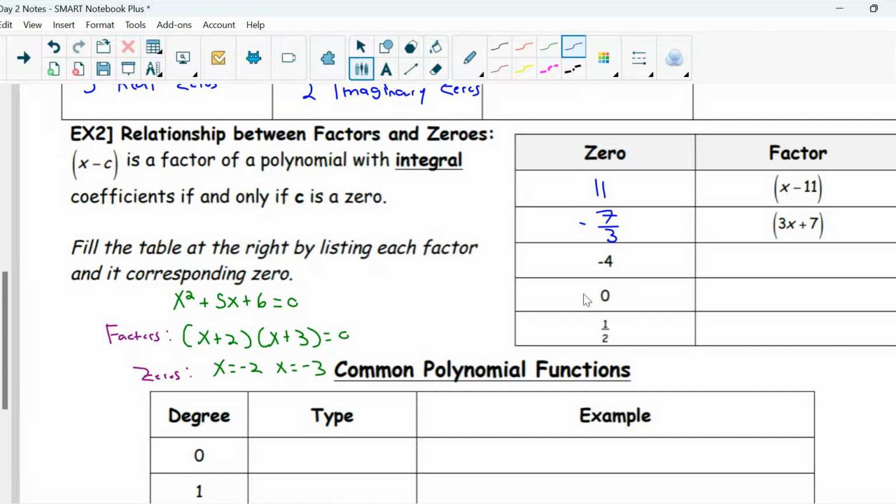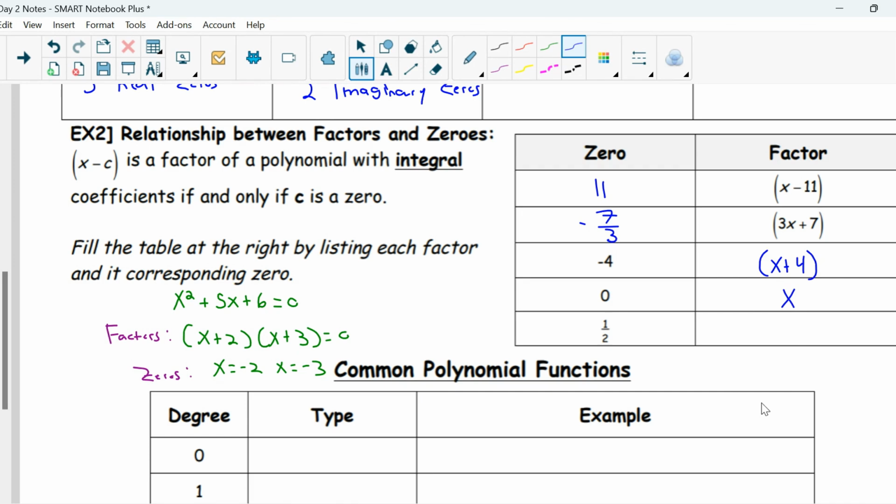Okay, now we're going to work the other way. In order to get x equals -4, you would have to add the 4 back over, and your factor would be x plus 4. Okay, remember, this is just a review. Anytime you get a 0 of 0, that means that you had a factor of just x.